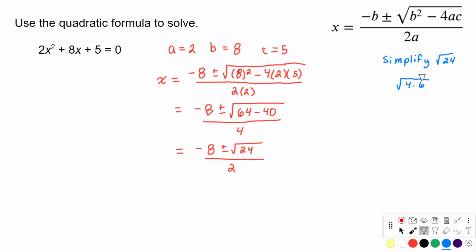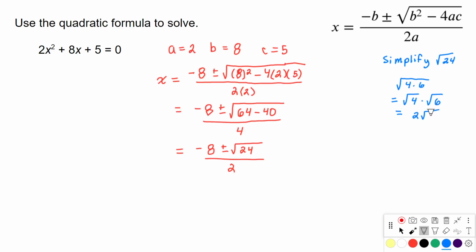Now 6 is a product of two prime numbers, 2 times 3. So I know this won't simplify any further. But now that I am thinking of 24 as 4 times 6, I can also think of this as being the square root of 4 times the square root of 6. And the square root of 4, as I mentioned earlier, is 2.